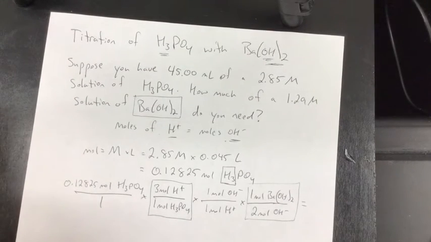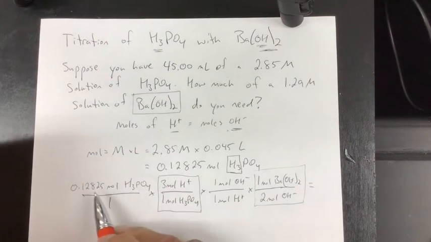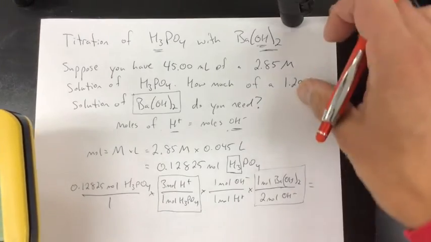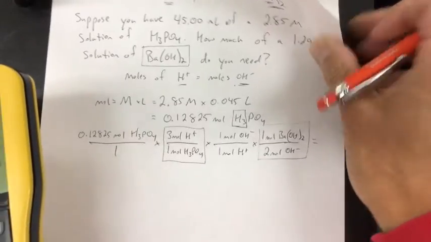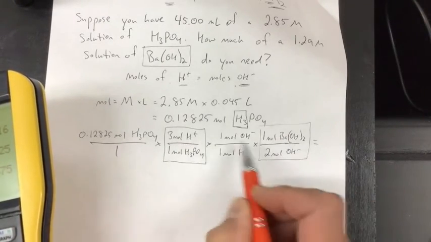If I'm doing this calculation, I can multiply all these at the top, multiply all these at the bottom, and what it amounts to is I'm taking this number times 3, and all the rest is 1, and divide it by 2.